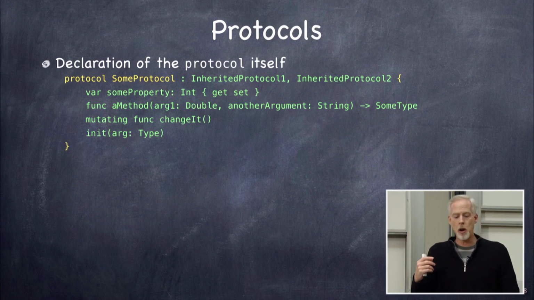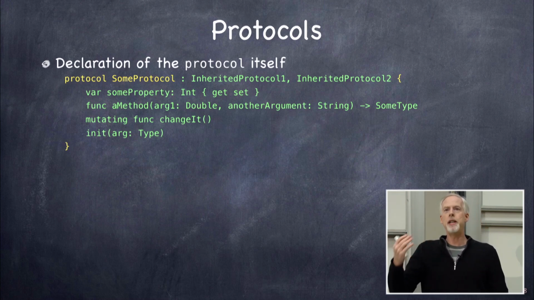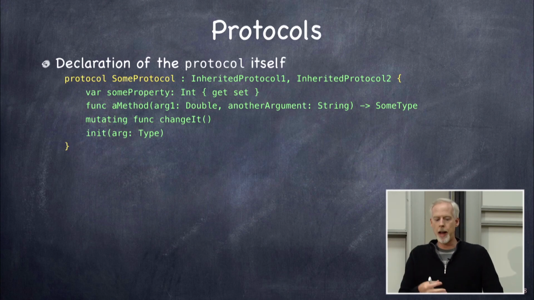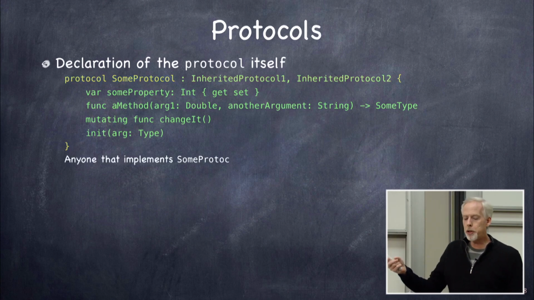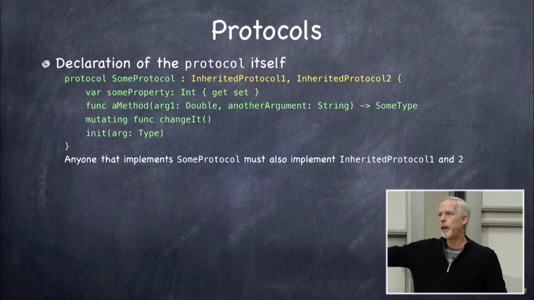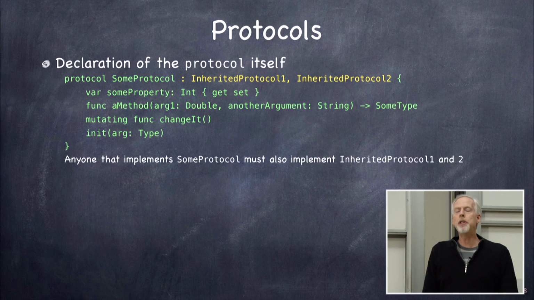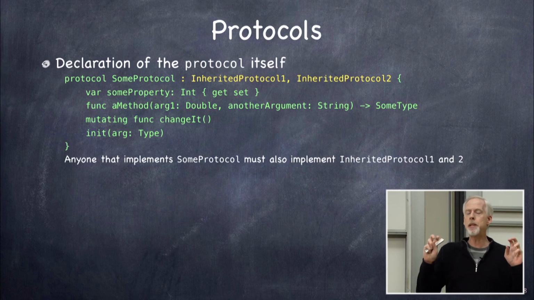Protocol SomeProtocol. SomeProtocol is the name of that protocol, just like if you said class whatever, that would be the name of the class. Notice that there's also a colon, InheritedProtocol1, InheritedProtocol2. Actually, there can be any number of these. These are the other protocols that SomeProtocol inherits. Okay, so there is inheritance in protocols. It means a little bit different thing than in a class.